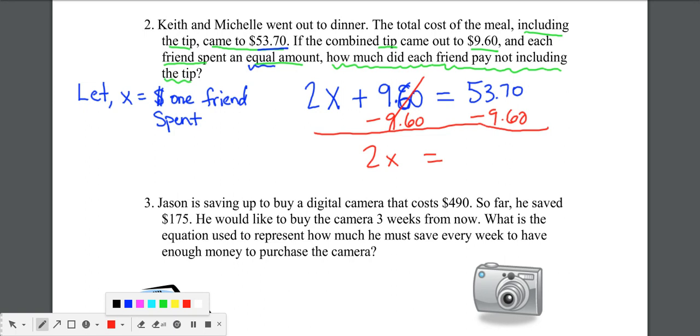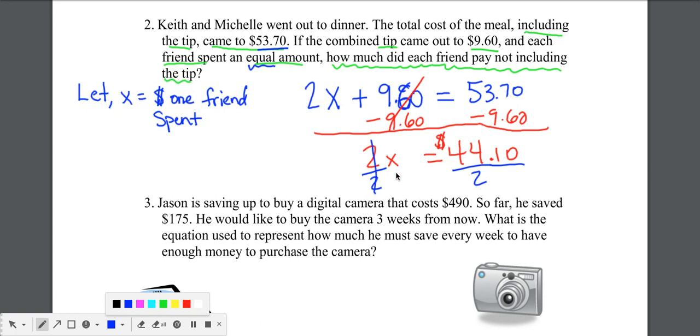So if we took $53.70, subtract $9.60, I'm using my calculator here, I get $44.10. Now my calculator says 44.1, but I write down 10 cents because we're talking about money. Then my very last step is to divide both sides by 2, right here and right here.